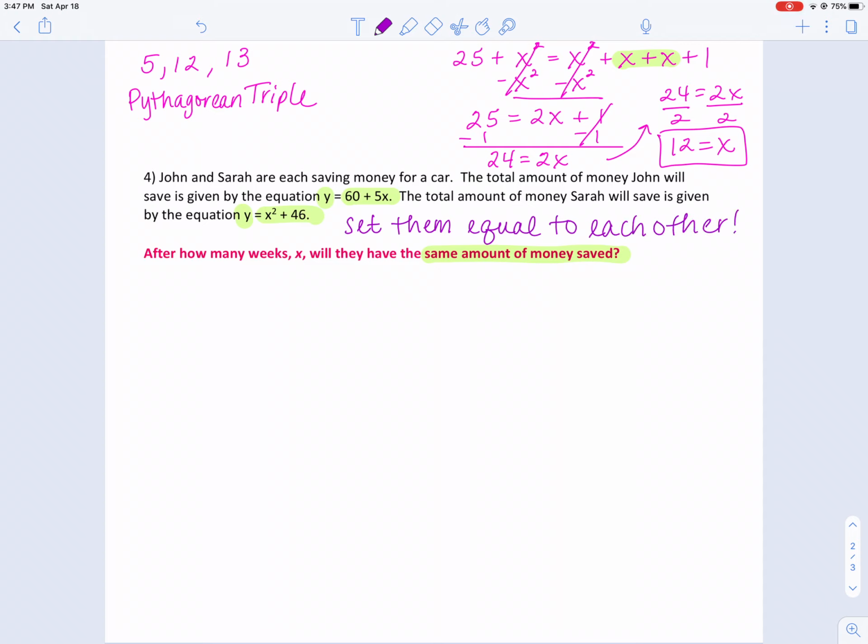And I want the x squared on the left-hand side, so I'm going to write x squared plus 46 equals 60 plus 5x. But you could have put 60 plus 5x equals x squared plus 46. It doesn't matter. Here's what I will say to you. This x squared must be positive. So wherever your x squared is, keep it positive.